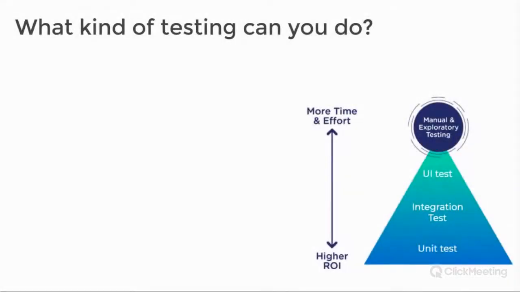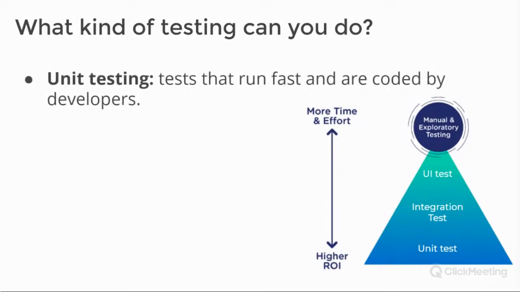What kind of testing can you do with GXtest? When our plan is to implement automated testing, we must take into account the ideal test automation pyramid explained by Mike Cohn. As you can see in the pyramid, the unit tests carry the most weight. This is because unit tests run fast and are coded by developers.